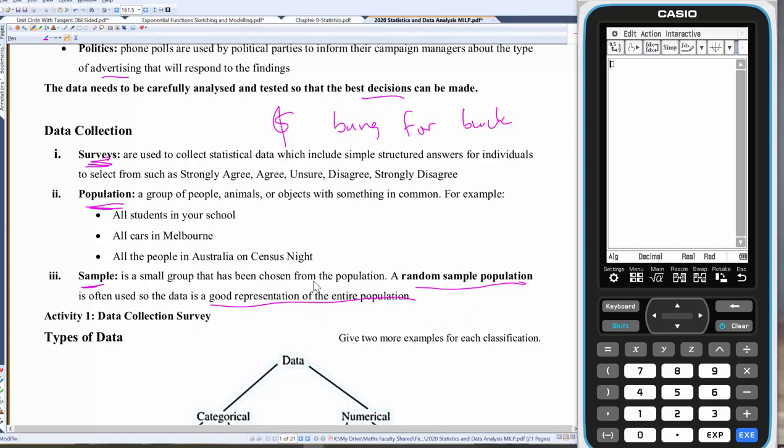So for example, if we were looking at Sacre-Cœur and looking at favourite music genre, and the only people I surveyed were the staff members over 40, what we'd have is a situation where we would be telling the public that the favourite artist of people at Sacre-Cœur is Cat Stevens, or Simon and Garfunkel, or something like that. So we've got to make sure that that sample is random, so that it includes, say, someone like me, someone like Mr. Kruger, but also a Year 7 kid, a Zhuani kid, et cetera, so that we get a good representation of Sacre-Cœur that we can then generalise our findings from.